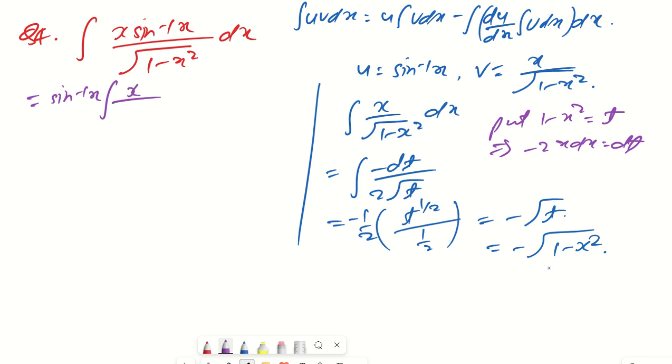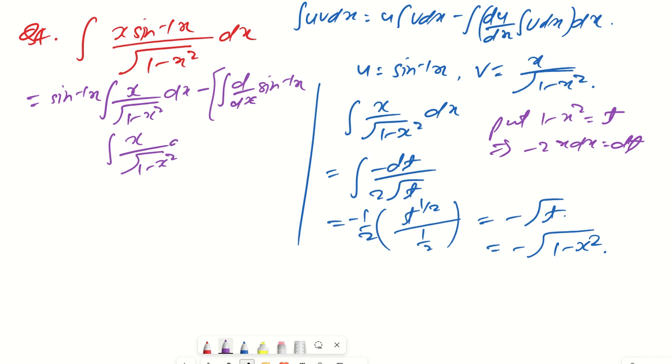So the integration of x by root under 1 minus x square dx, okay, minus the integration of the differentiation of sine inverse x times the integration of the first term, that is x by square root of 1 minus x square, the whole integration, right? So this is how we are going to write it down.